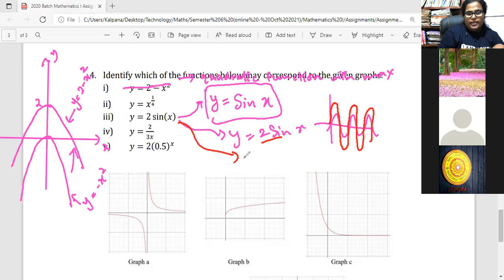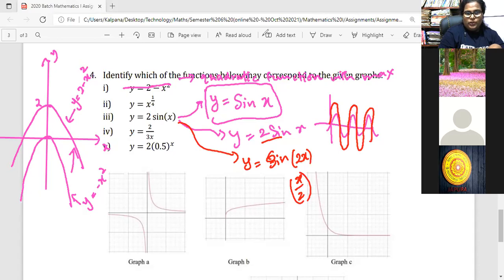You can also change the angle of the sine function by taking 2x or x over 2. Then what happens is the period of the sine graph changes. I think you have learned these things in the lecture, right?